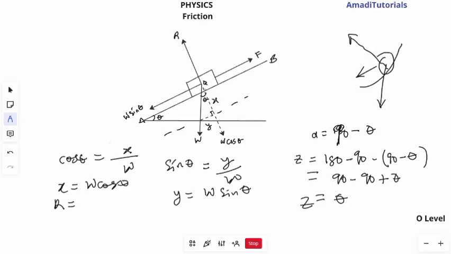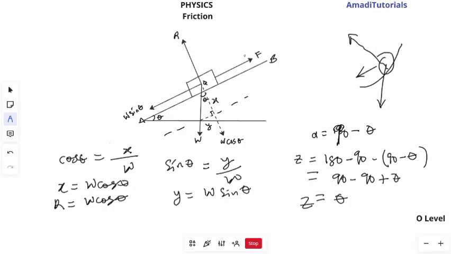And this, the reaction R. Now you see that we've gotten the formula for the reaction by this extended line. So the reaction will be W cos theta. And then if there is a force trying to keep this one up, trying to take it off the plane, then there is another force that is trying to take it down the plane, and the force that acts in opposite direction to motion is called frictional force.